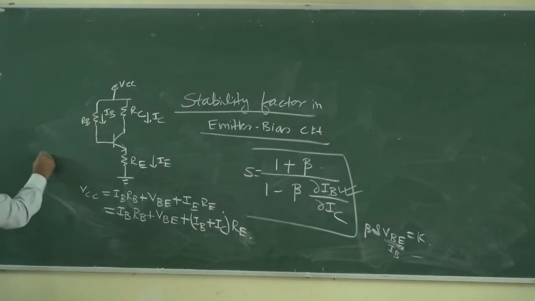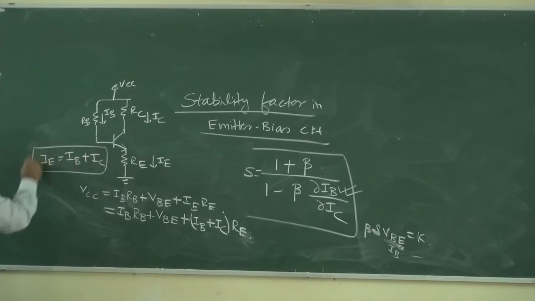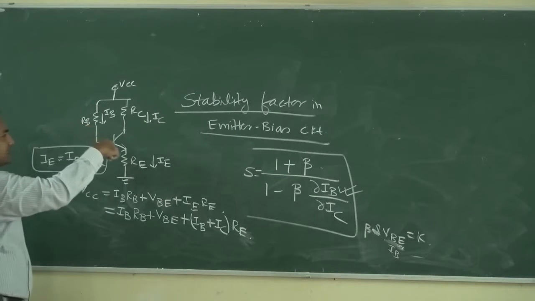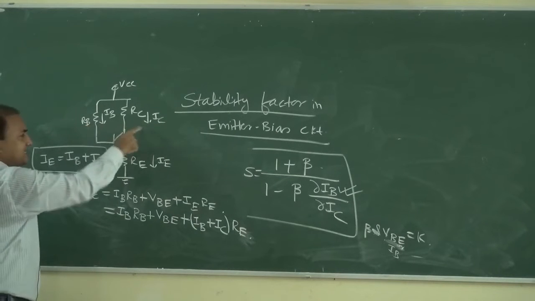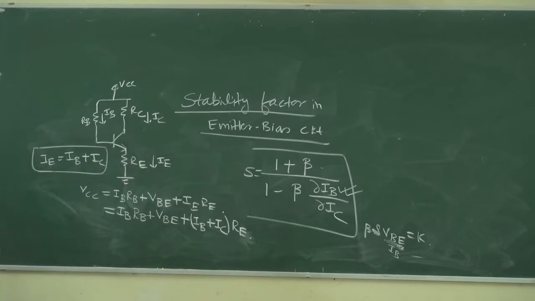We know that the emitter current is equal to base current plus collector current. From this figure also we can see IB plus IC is always equal to IE.